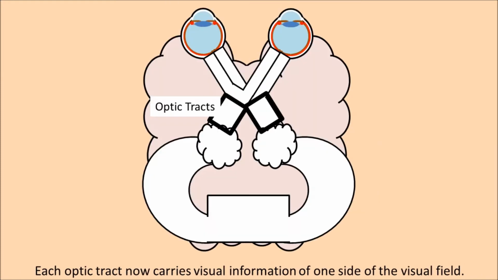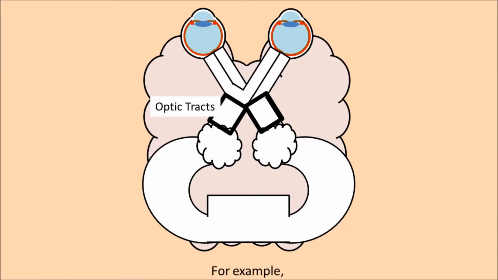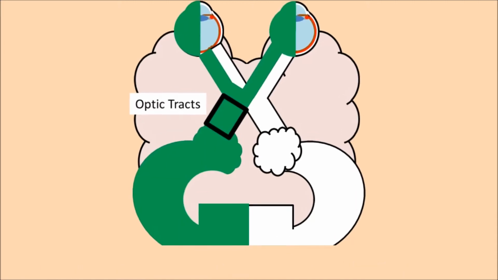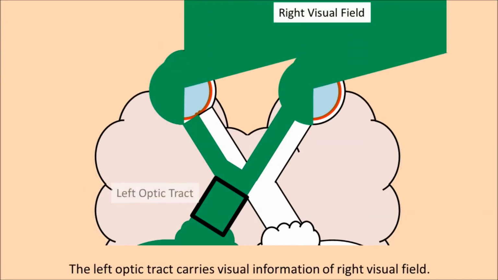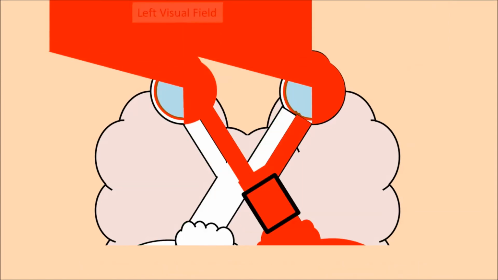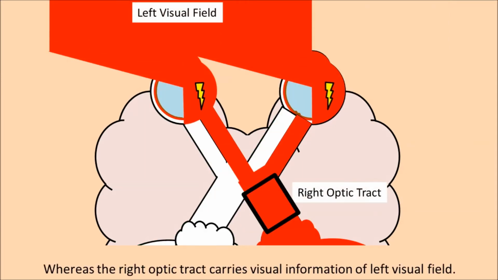Each optic tract now carries visual information of one side of the visual field. For example, the left optic tract carries visual information of the right visual field, whereas the right optic tract carries visual information of the left visual field.